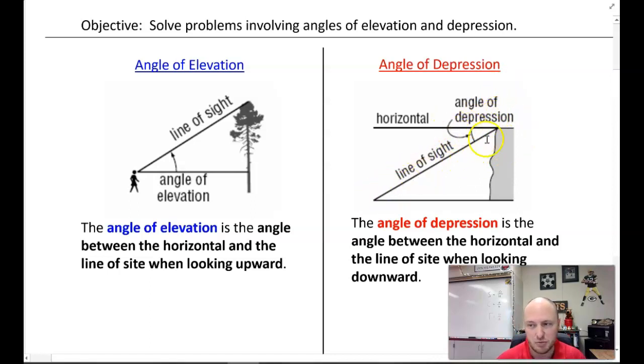Here is an angle of depression. Just a warning: angles of depression are not usually part of the triangle, and when we get to those questions, I'll show you how we put them into the triangle. Heads up.